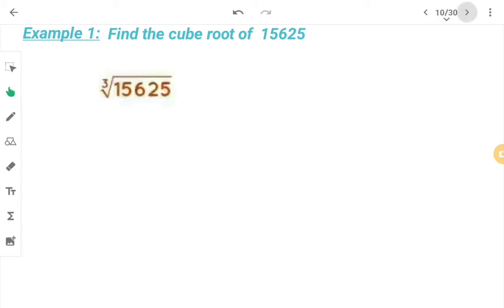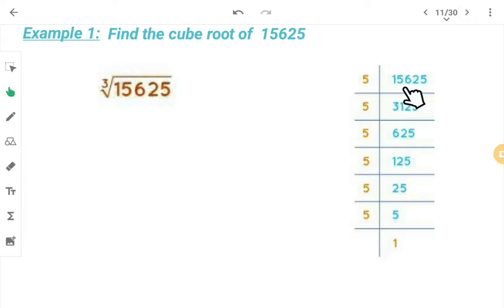Prime factorize 15,625 first. I am going to divide it by 5 because the ones place is 5. So 5 into 3,125 is 15,625. Again I divide by 5 because the ones place is 5, and I get 625.